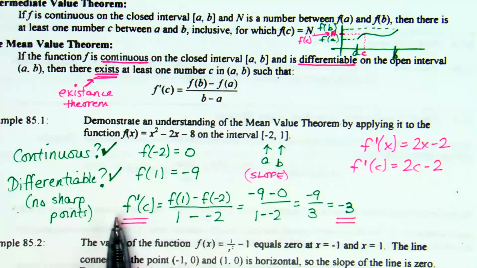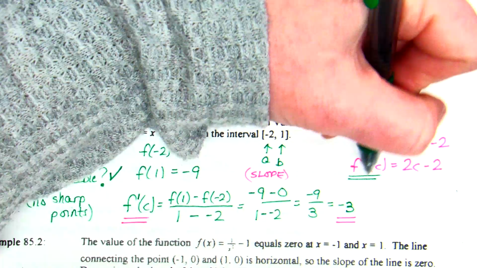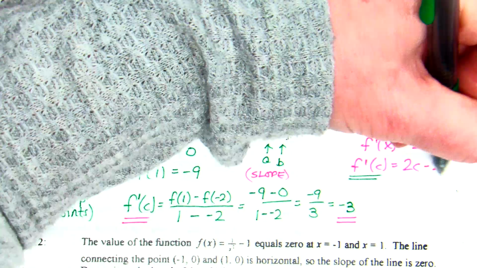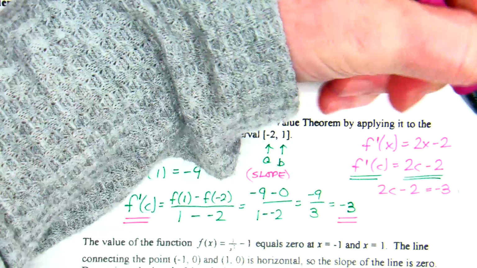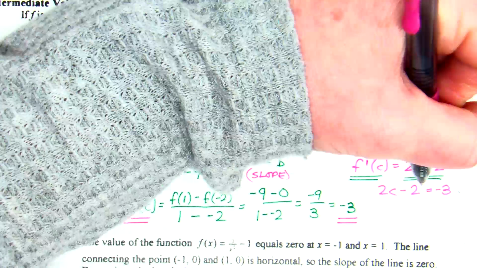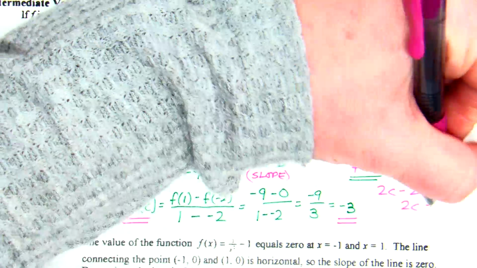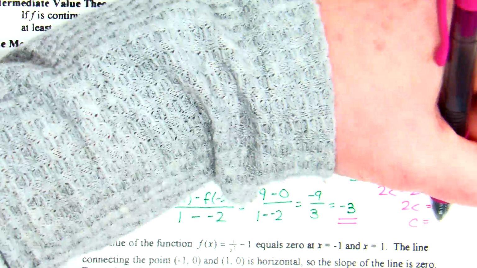What did we just find f prime of C is equal to? -3. So I need to set it equal to -3. So 2c minus 2 equals -3. Do the math. Add 2. -3 plus 2 is -1. Divide by 2, and we have -1/2.